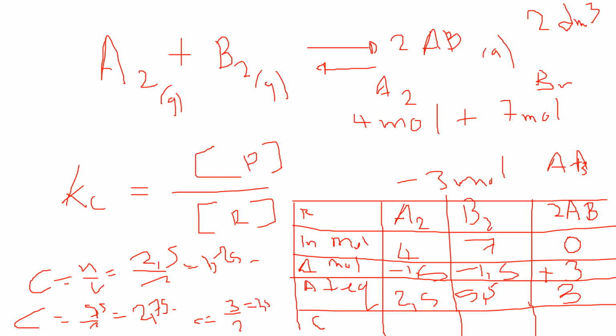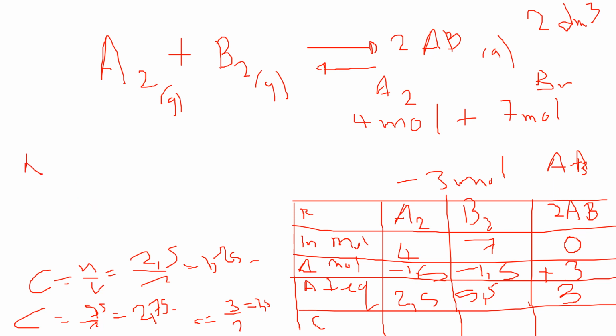Okay, so now I'm just going to calculate my Kc value. Remember, my Kc value will be equivalent to the concentration of my product. The concentration of AB is my product, and it is equal to 1.5. And then I look at the coefficient there. The coefficient is 2, so I just square my concentration.